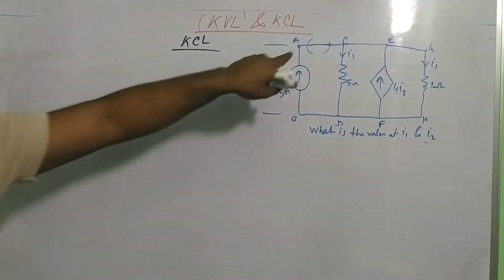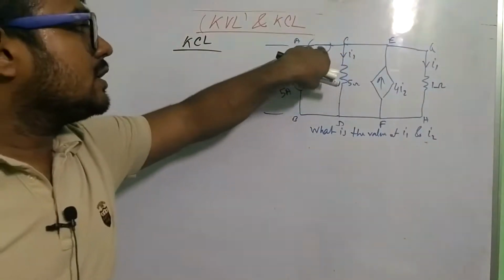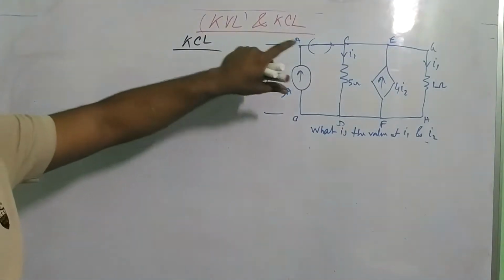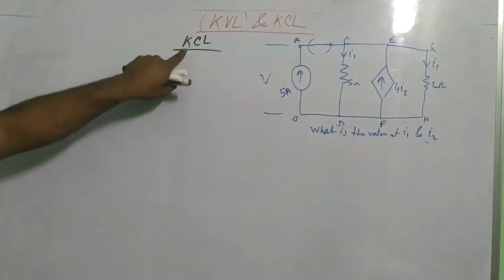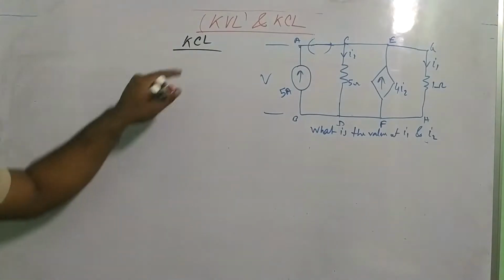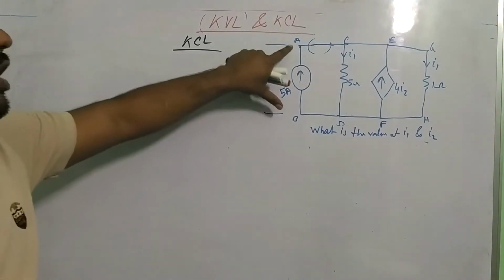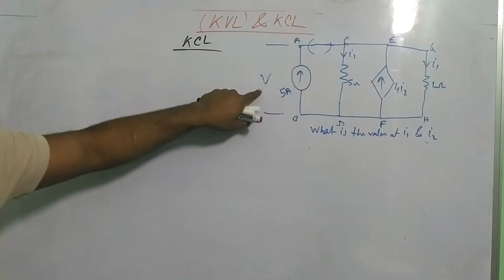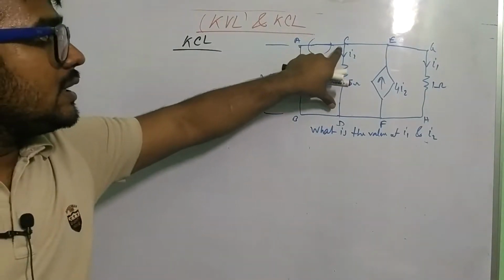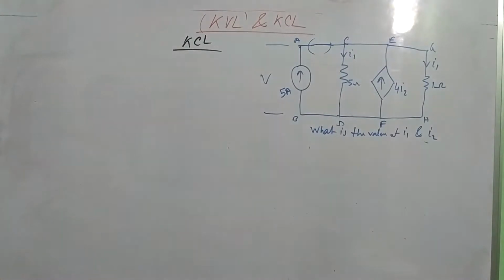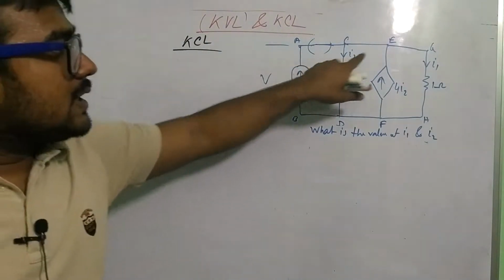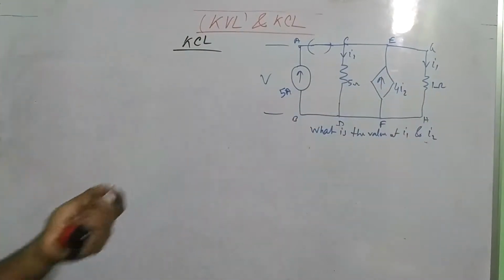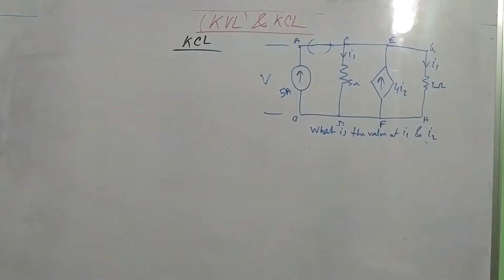If no resistance is connected in this type of branch, then I solve this type of problem through KCL, Kirchhoff's current law. The voltage of AB terminal is V. Equally, the voltage of CD terminal is V, EF terminal is V, GH is V, because this is all our parallel connection.